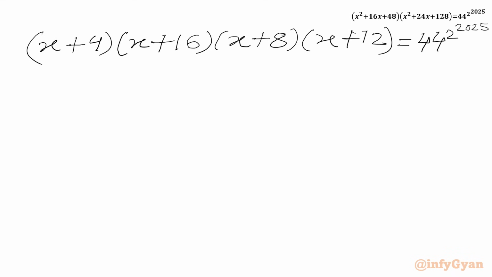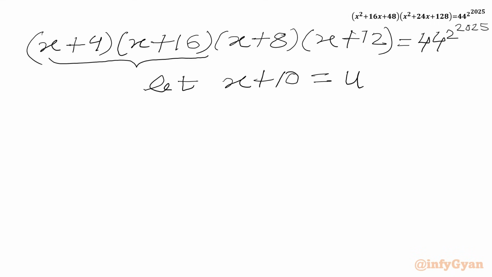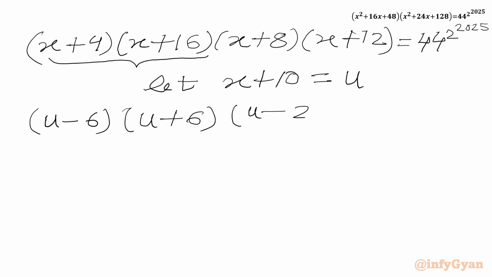Now we are going to use substitution. So let us say x plus 10, suppose this is equal to u. Now we will write these brackets. So x plus 4 will be, in terms of u, u minus 6. x plus 16 will be u plus 6. x plus 8 will be u minus 2.